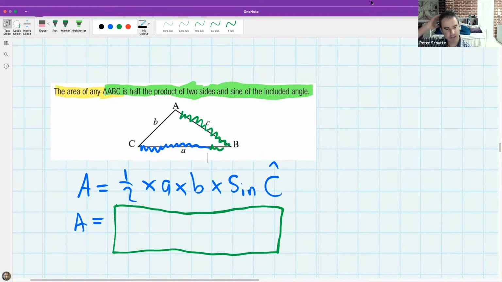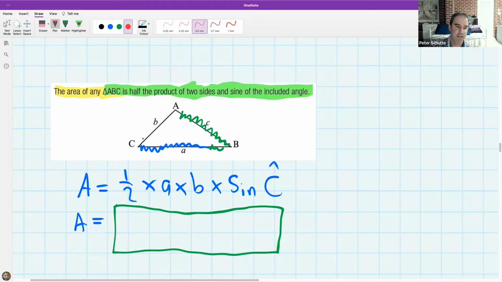Over to you guys. And then after we've done this, we will take a little break. And for bonus points, those who are really feeling like today I'm going to shine, see if you can do the area rule in terms of B and C. That would be the last combination that's possible.